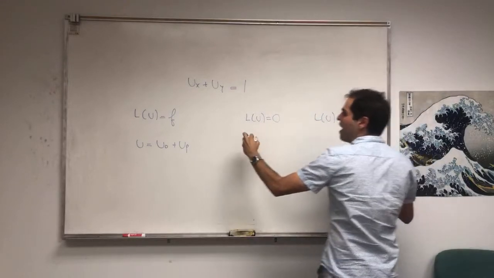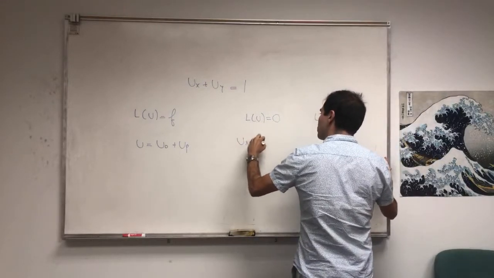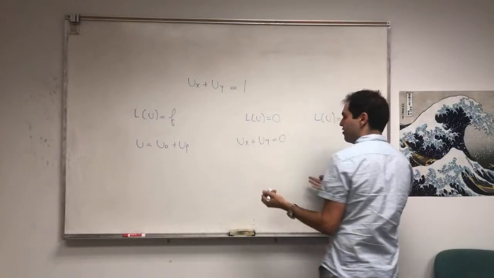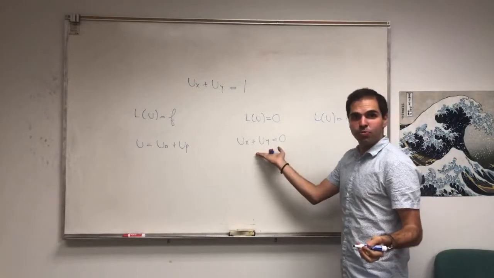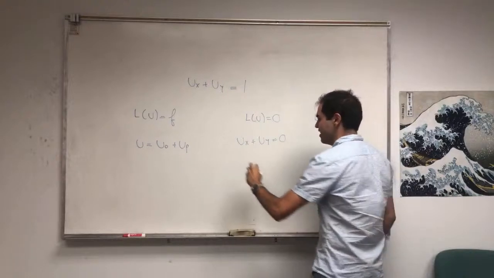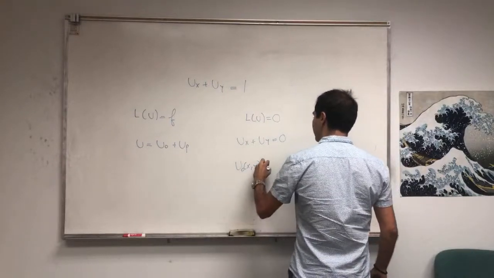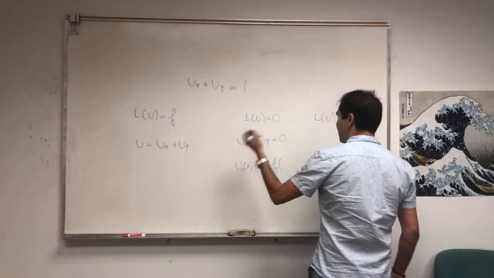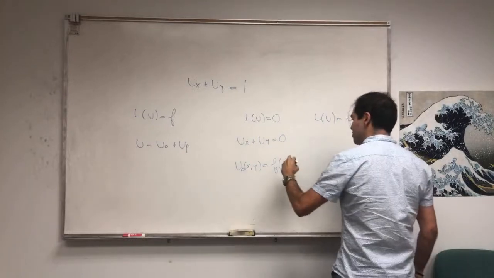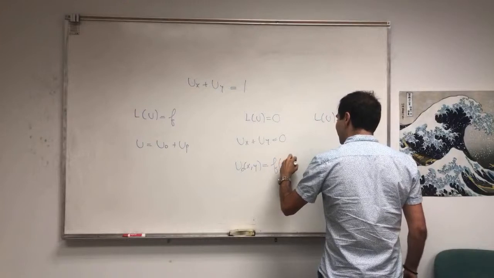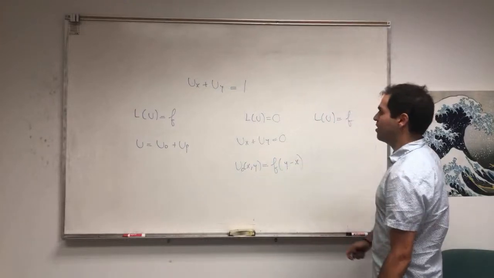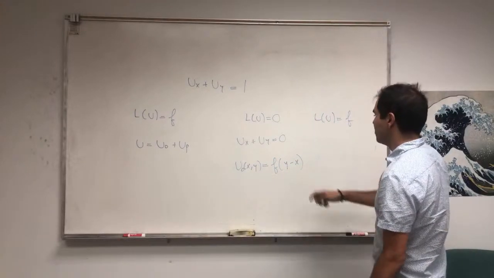To solve LU equals 0, that's ux plus uy equals 0, just like a transport equation from the beginning, the homogeneous solution is f of, again, ay minus bx, so y minus x. I think you can really check that this is true.